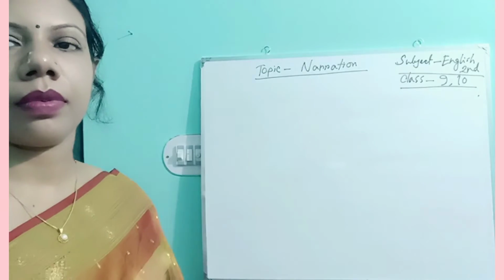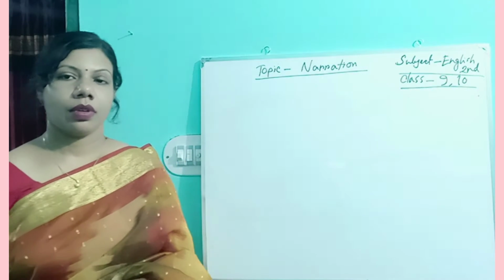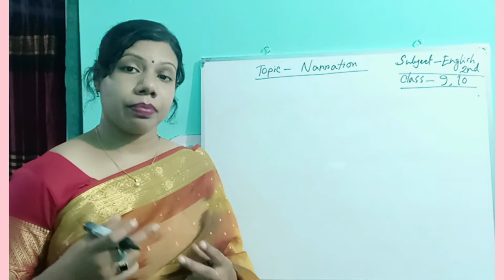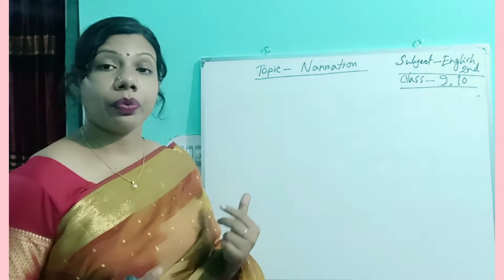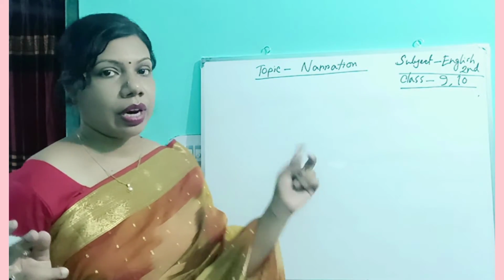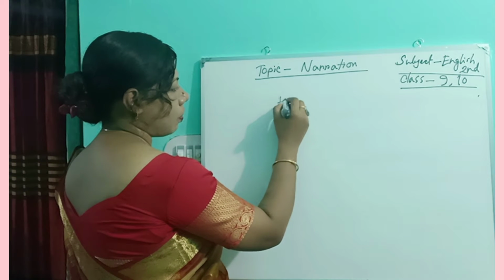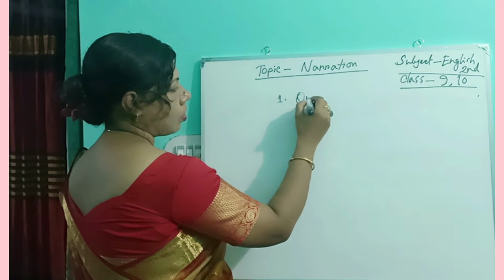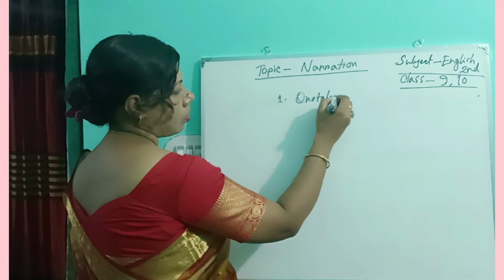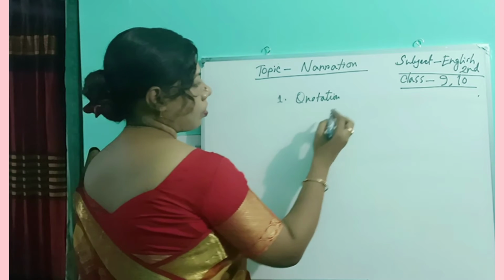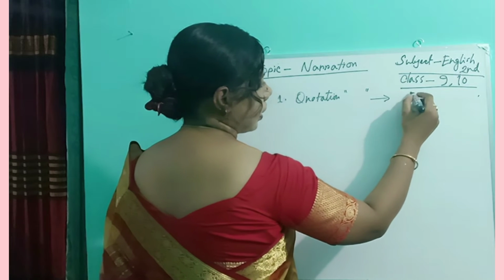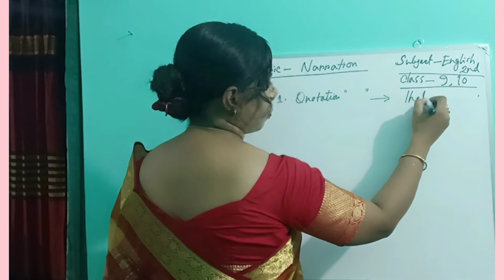Now we will learn what the changes are when we convert a sentence from direct to indirect. So I am writing here the first one: quotation will be omitted in the indirect sentence and we put "that."